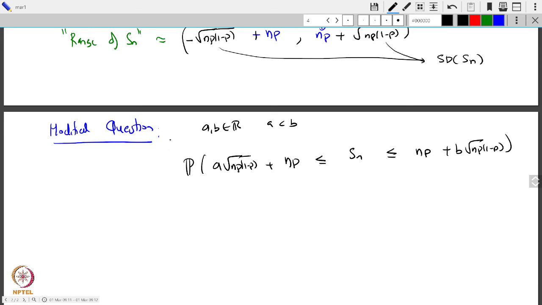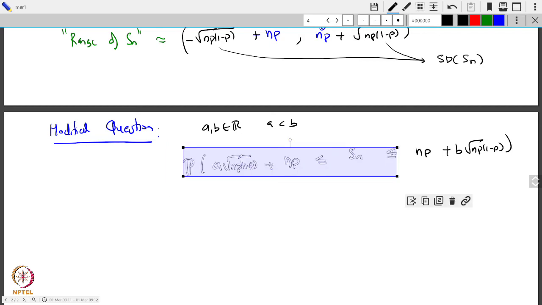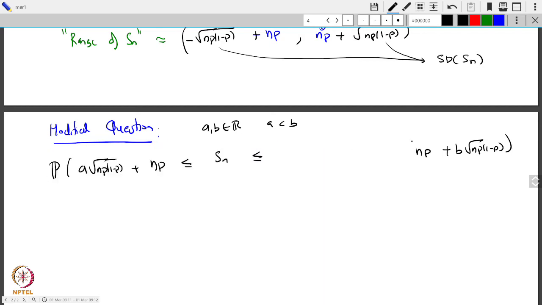So you try to understand how this probability behaves, rather than just look at a fixed a and b. That would be meaningless.